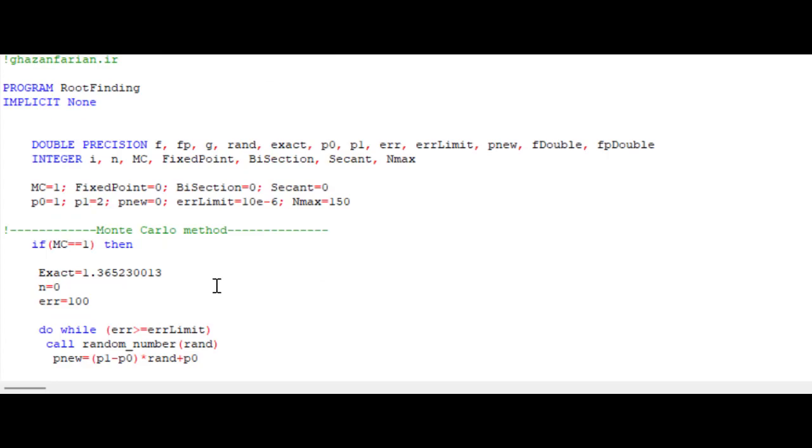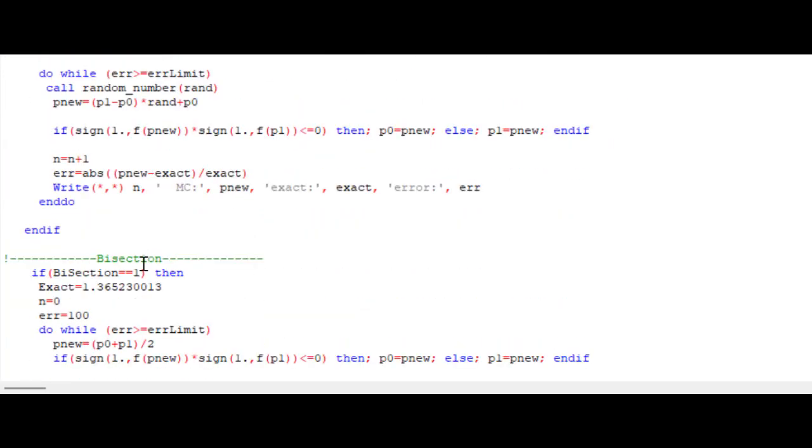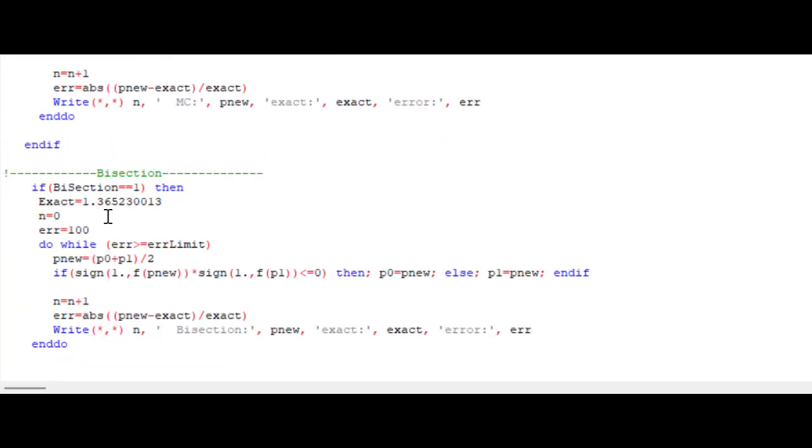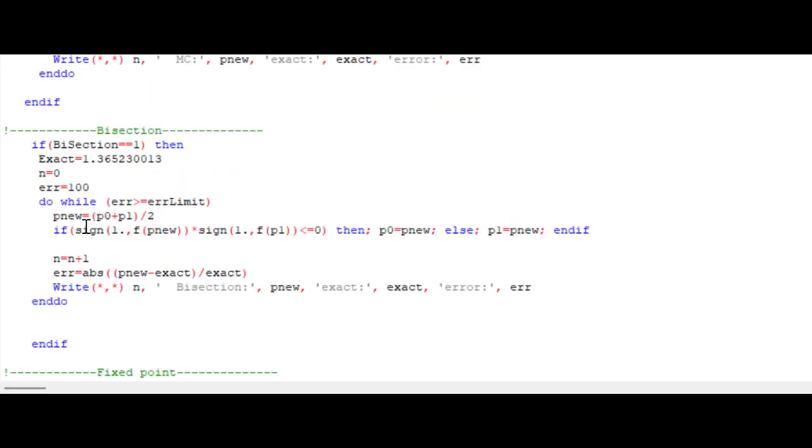Okay, let's start the next one, which is the bisection method. The function is similar to the previous case, so the exact value of the root is the same. We continue the loop until we reach the error limit. And the bisection method is very similar to the Monte-Carlo method. The only difference is the next guess of the iteration.